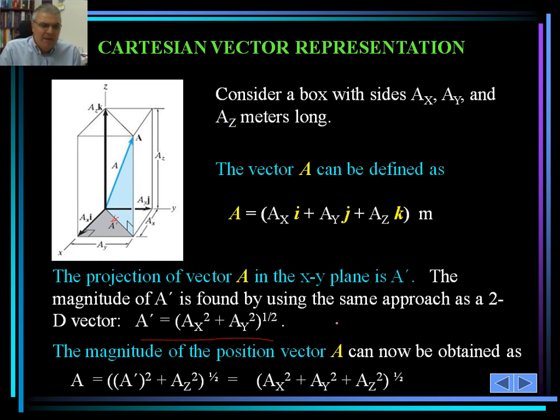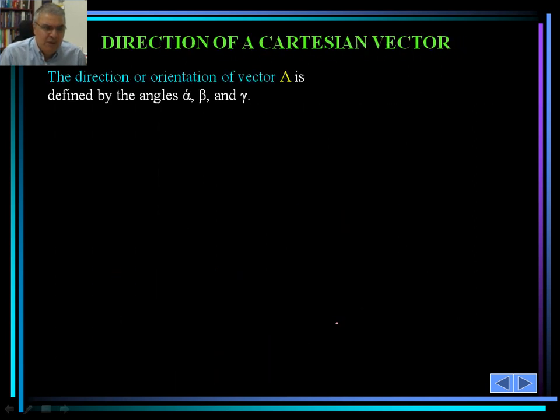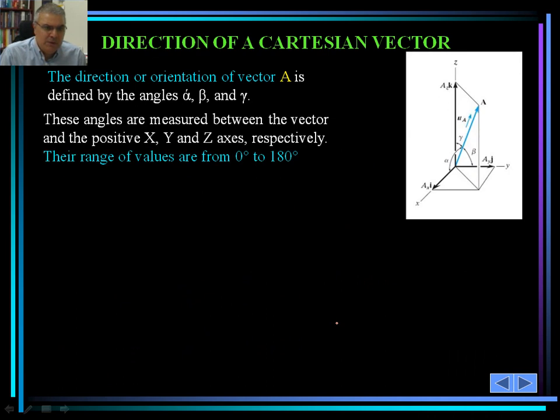So knowing the magnitude of A prime, the magnitude of the position vector A can now be obtained as shown down here. Again, the square root of the sum of the squares, as you can see here. This is the case where we use a two-dimensional analysis to apply it to a three-dimensional vector. So that's how it really works.